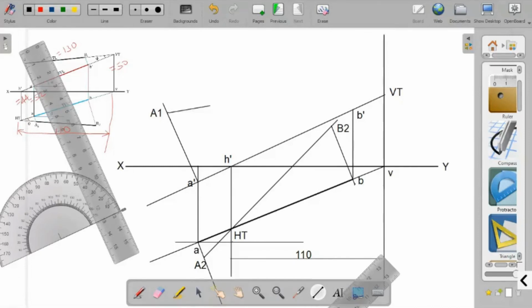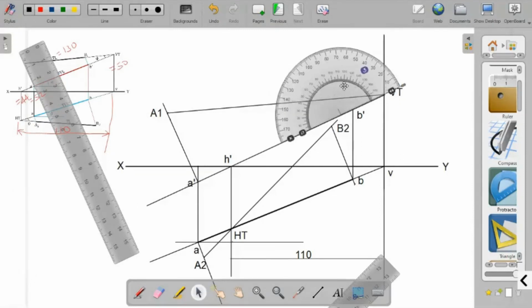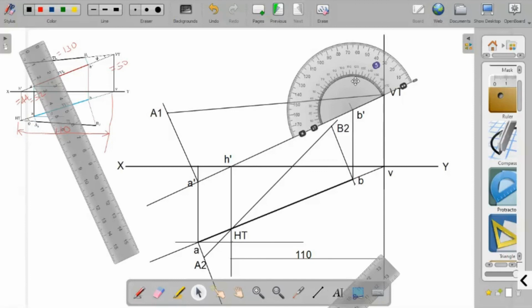Sir, what is the measure of A dash A1? It is 52, the distance of small letter A from XY. Oh, okay, sir. So A1 VT we can join. Now from B dash, draw a perpendicular to this A1 VT line.